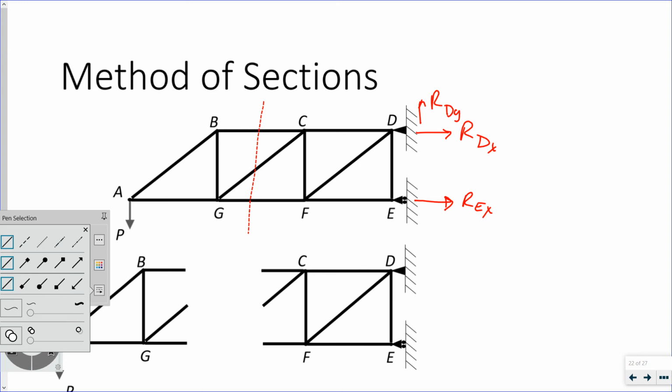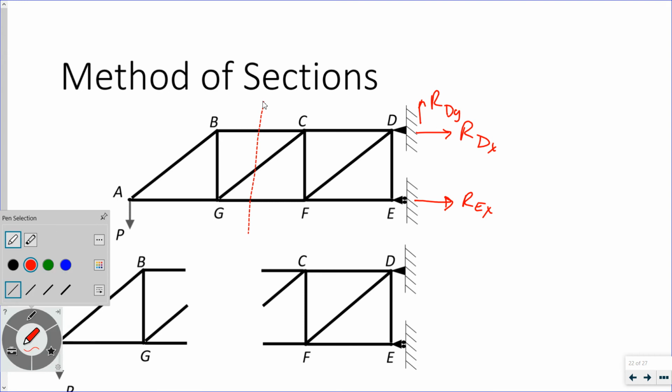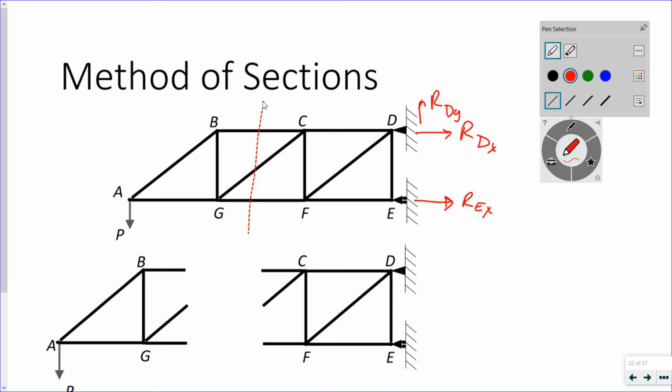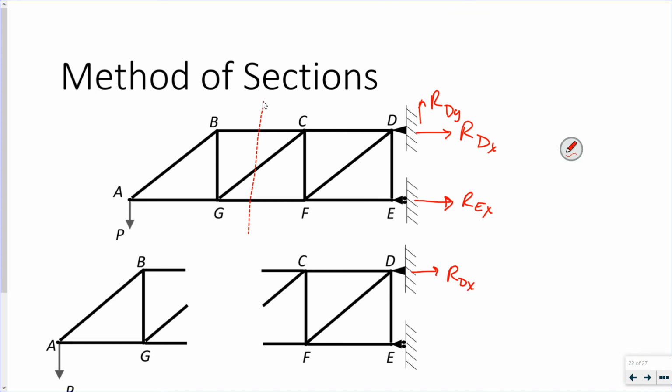Now if I break it up, I still have those reactions: D in the x and y, and E in the x.